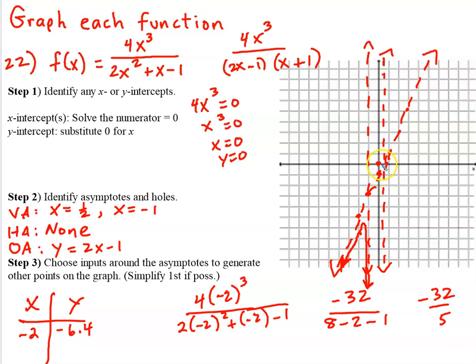So just to give a little bit of clarity, I'm going to go ahead and input -1/2. All right, so let's put -1/2 into our function. I'm going to erase my work here.